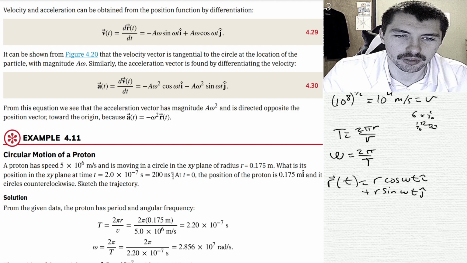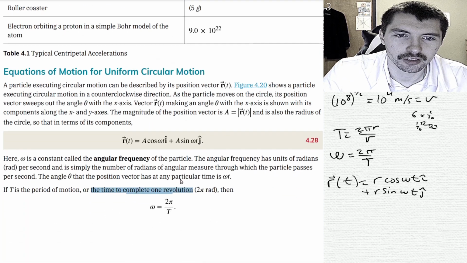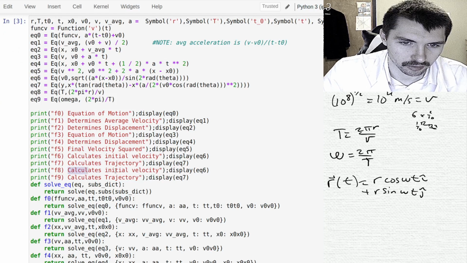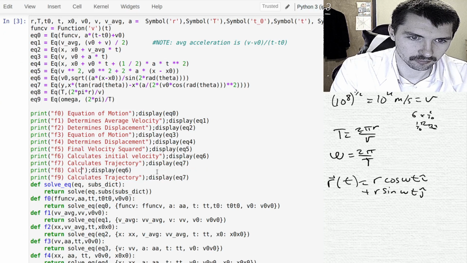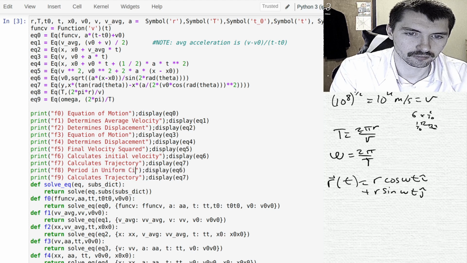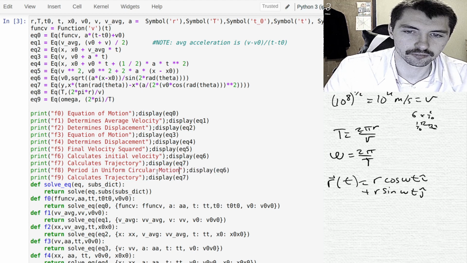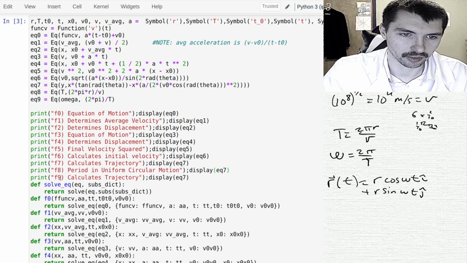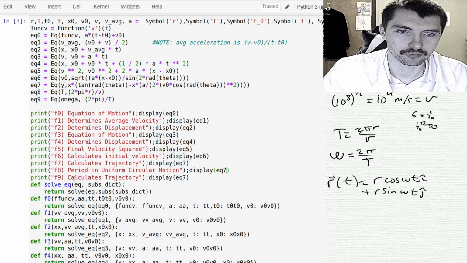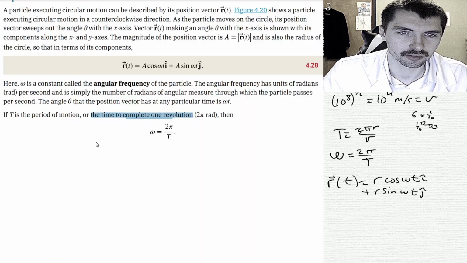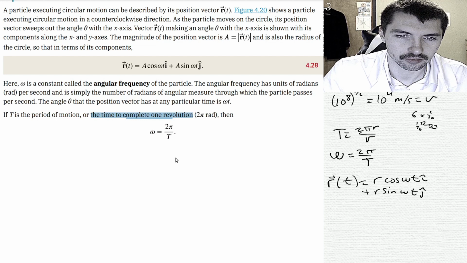Okay, we can call this the period. Period in uniform circular motion. Okay, F9 calculates the frequency. No, then this is the frequency.